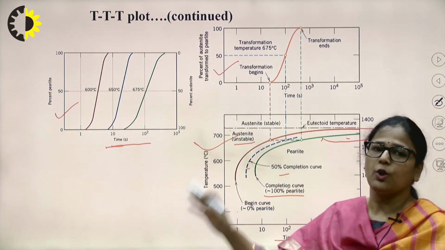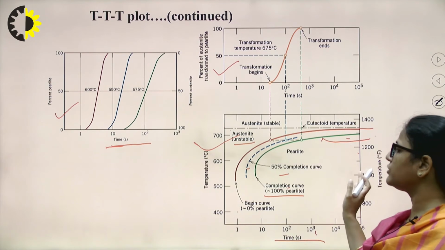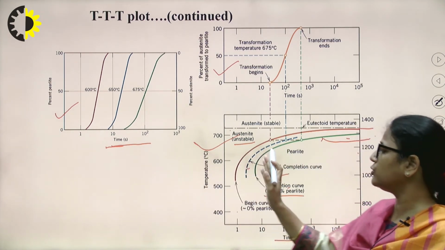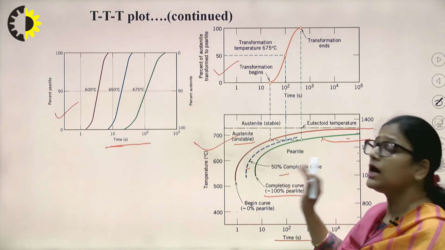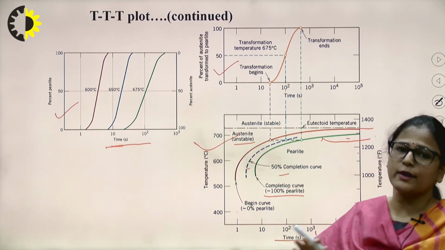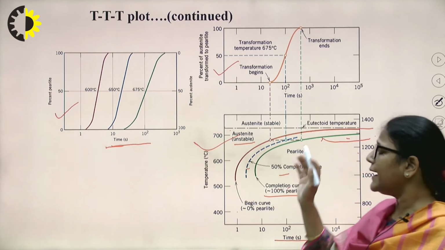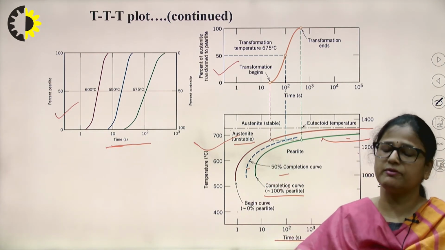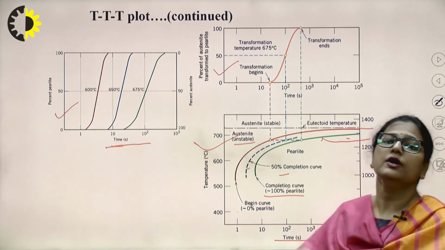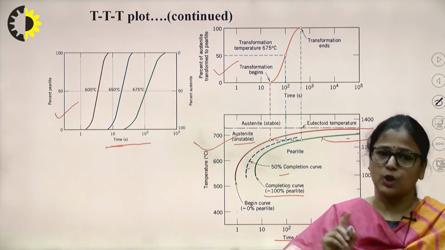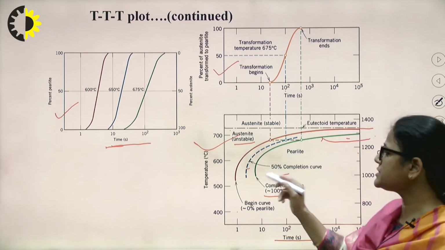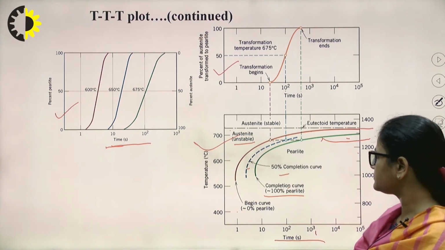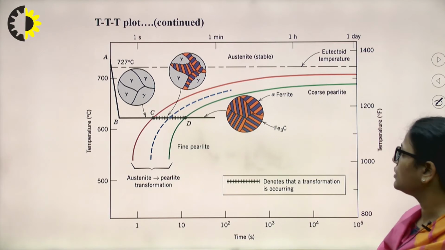On the left side of the red curve, austenite will exist, and on the right side of the green curve, only pearlite will exist. Two macro constituents, austenite and pearlite, exist in between these two curves. Meaning in between the red curve and green curve, one is austenite and one is pearlite, and they coexist.